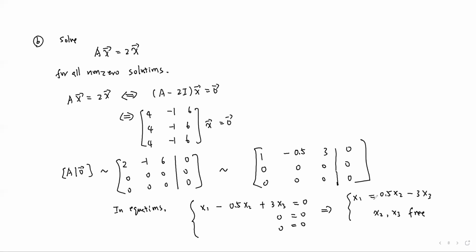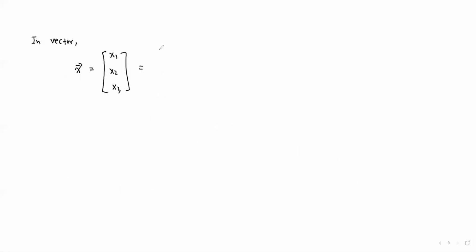In vector form, let me plug this equation into x. We get 0.5 x2 minus 3 x3, then x2, x3.